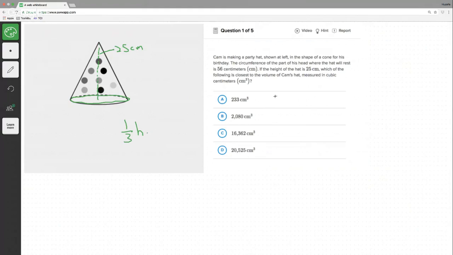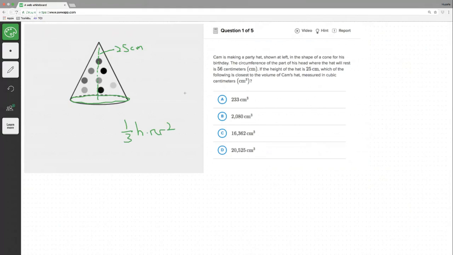Wait a minute, we need area. Why do they give us the circumference? So this is taking a little bit of calculation. I'm going to double check the formula even before I submit my answer. I'm pretty sure it's 1/3 height times pi r squared, right? Because we need to measure the volume.